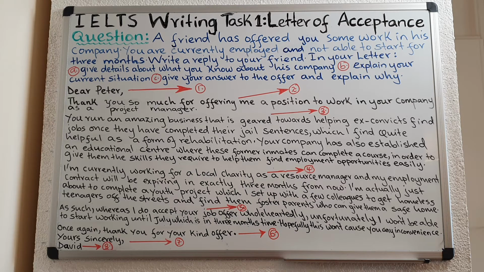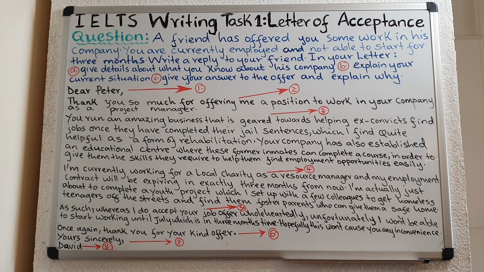So to make sure that you don't run out of time, always spend 20 minutes writing your task 1 and 40 minutes writing your task 2. The next thing that is extremely important to remember when it comes to your task 1 is that IELTS is always going to give you 3 points that you're supposed to include in the letter.